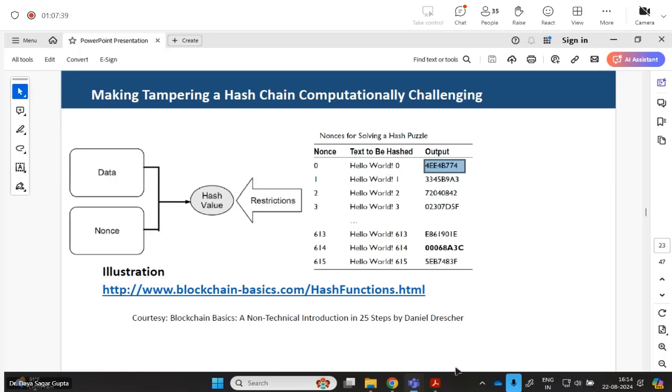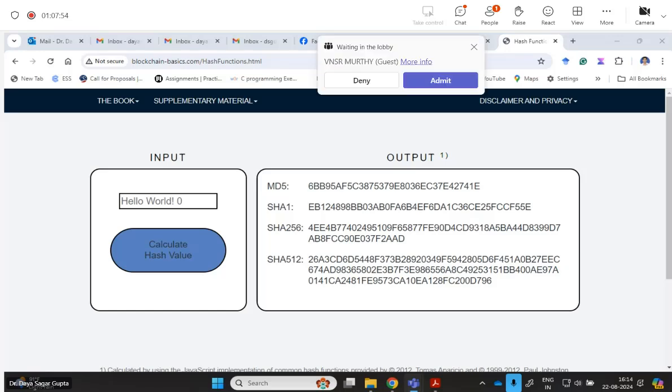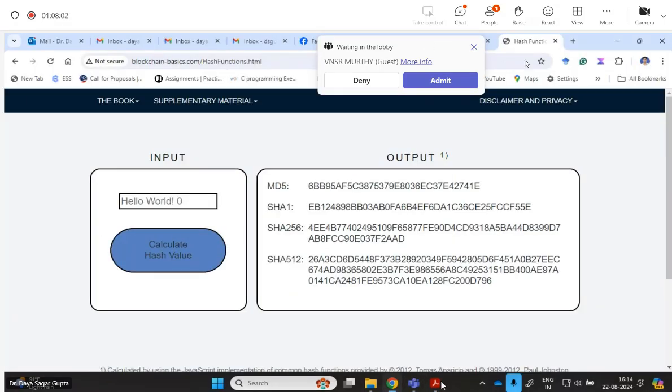So to avoid this, we are going to take only 8 digits from here. 1, 2, 3, 4, 5, 6, 7, 8. You can see it here, 4E and something. This is the processing actually.